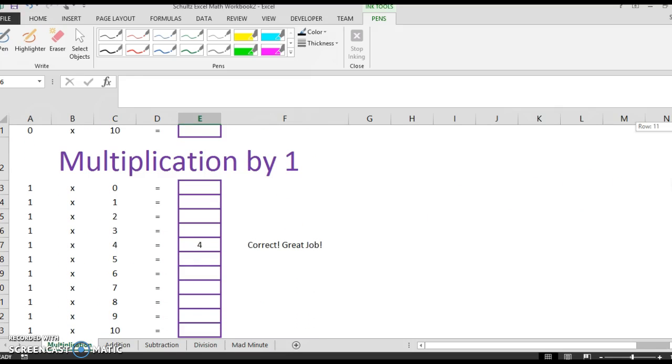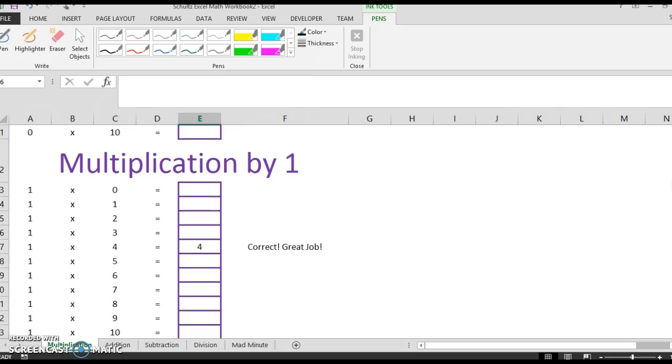For multiplying by ones, I put all the ones in the first column, so it's 1 times something. So if I go up here and remember that 0 times 1 was 0, what do I think 1 times 0 is? I'd put my answer there, and it'd output the answer. I want to come down here and look at 1 times 6. So if I have one group, I have my one group, and I have 6 in it.